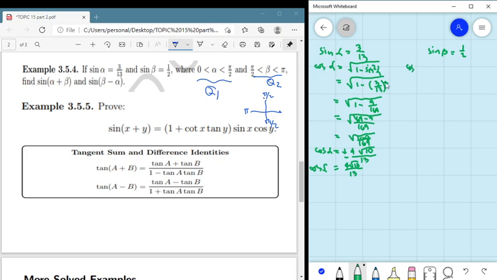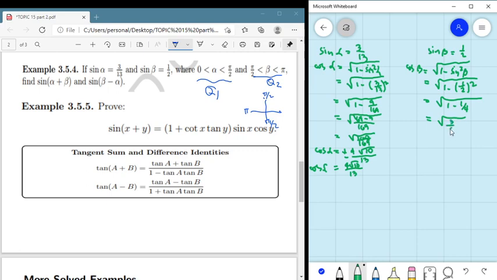So, cosine beta is equal to the square root of 1 minus sine squared beta, in which substituting sine beta with 1/2, so we have 1 minus the square of 1/2, which is equal to 1 minus 1/4. So this will be 3/4, diba?